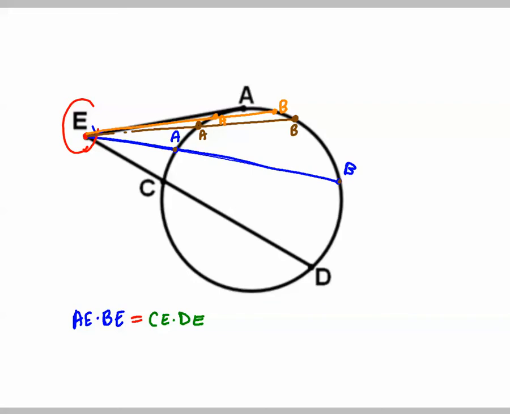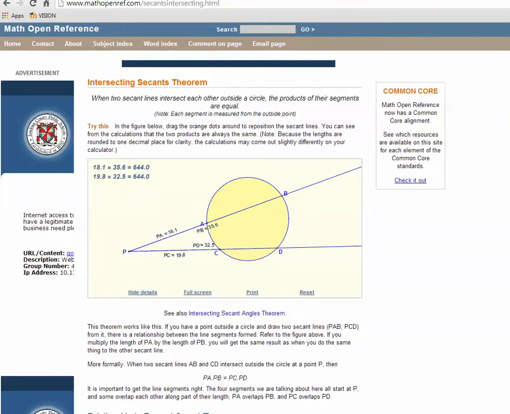Now, this is kind of difficult to see when I draw it, so I'm going to show you this animation. I'm going to be able to drag point B along the circle so that it's getting closer and closer to point A. Now, as I do it, you're going to see some numbers changing. This secant segment stays the same. You'll see PC says 19.8, see up here 19.8, and PD, the entire secant segment, says 32.5.